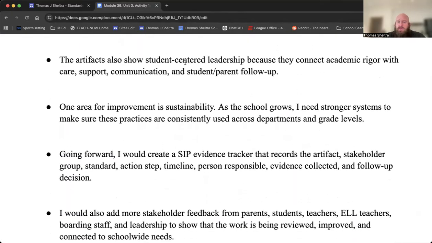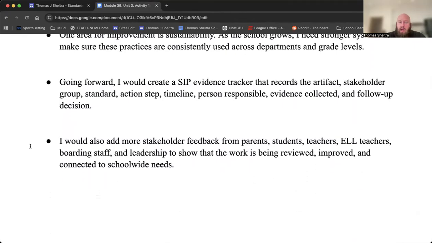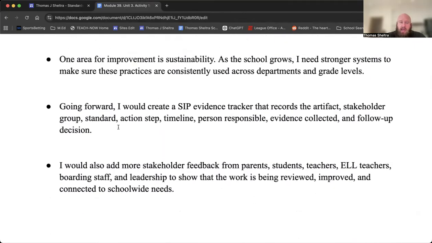Artifacts show student-centered leadership because they connect with our academic rigor, care, support, communication, and parent and student-parent follow-up. And one of the things here is having some sort of evidence tracker. So going forward, I would create a school improvement plan evidence tracker that records the artifacts, and also follow-ups.